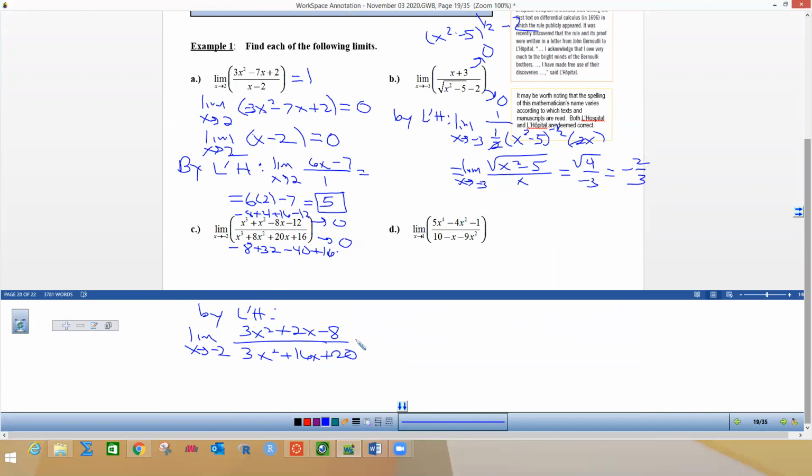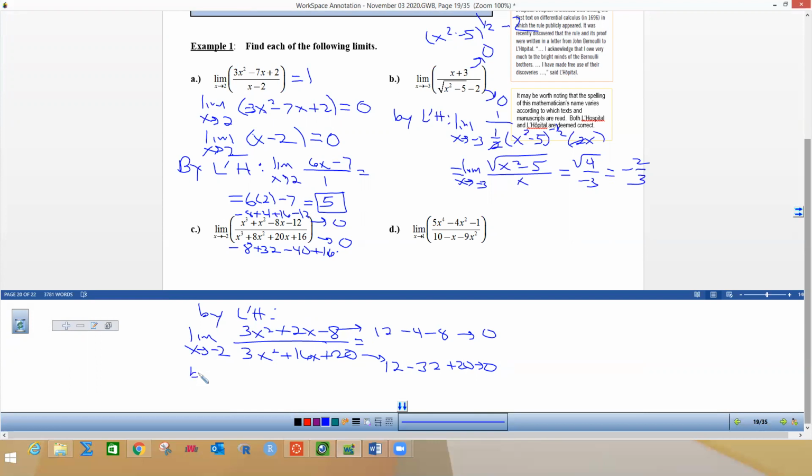When I do that, I'm going to get 12 minus 4 minus 8. Uh-oh, that's 0. And then this one down here, I get 12 minus 32 plus 20. That also is 0. Now I have to show these individually. I need to do it like this again, but they're both 0 again.